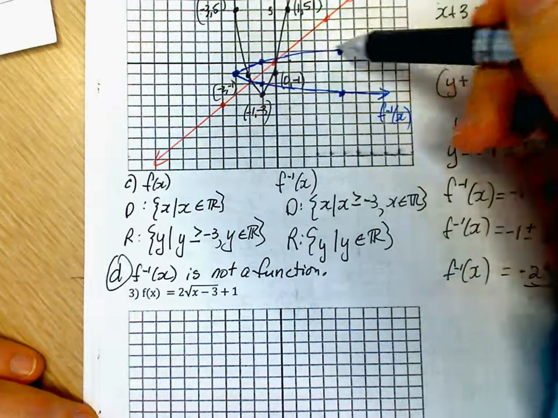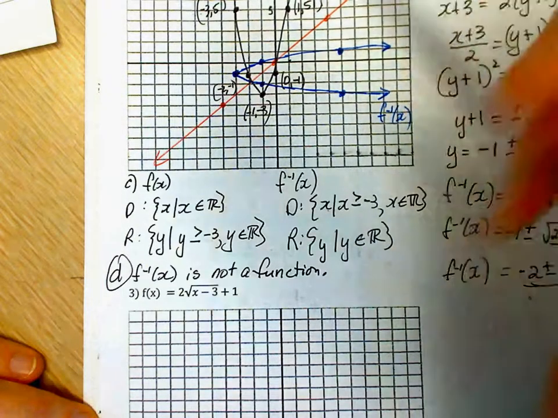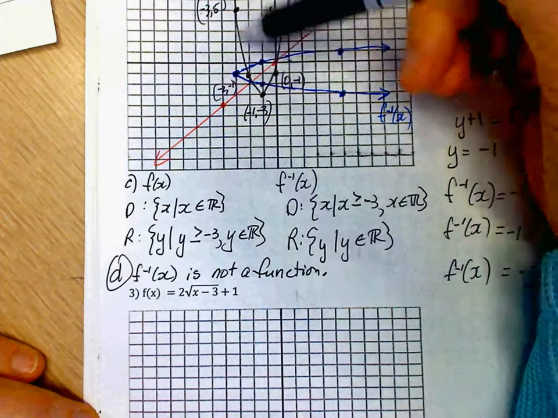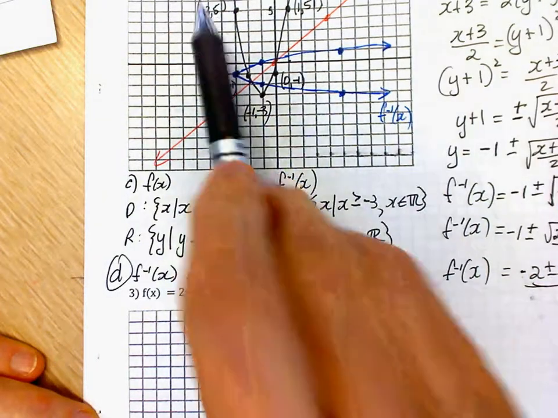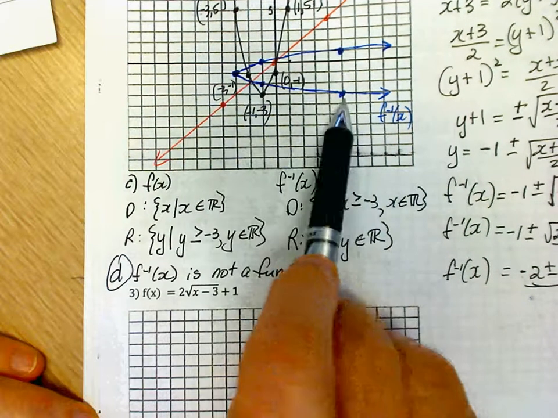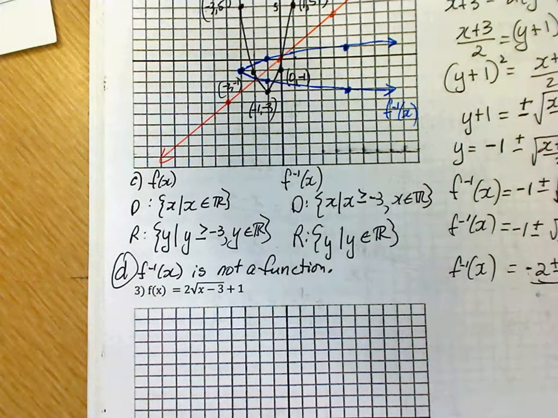And this branch is an inverse of that branch, because that's (-3, 5), and the point (5, -3) is here. That point is coming down there. So what we want to do is knock off one of these branches, and it doesn't matter which one you do. We want to restrict the domain of this so the inverse is a function.